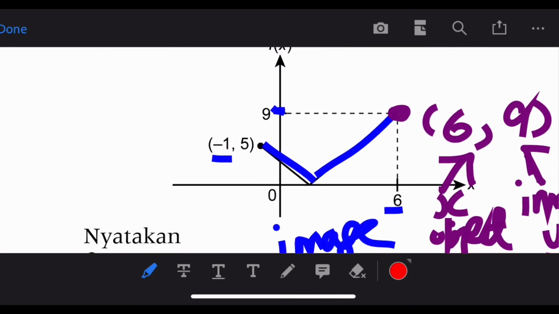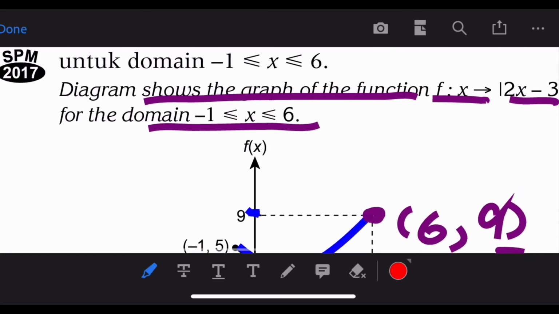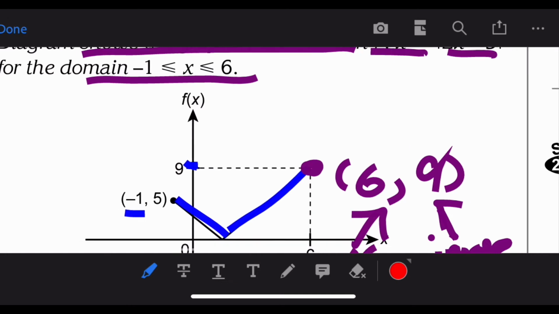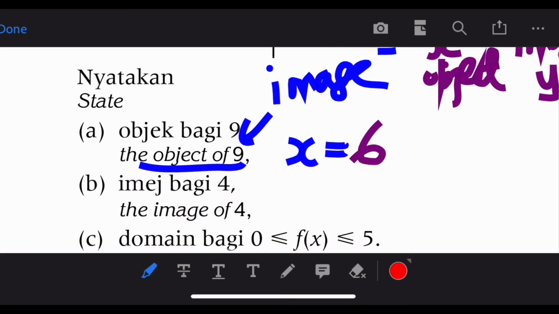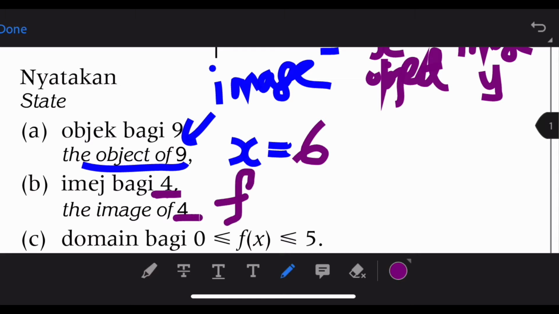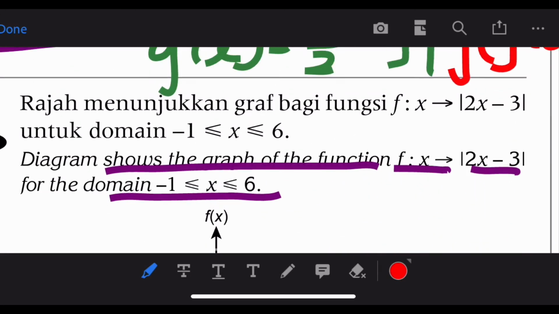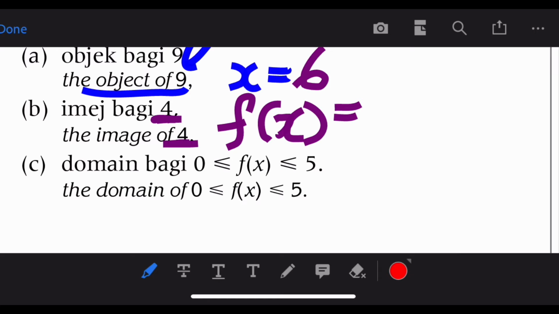Image of 4. Where is the image of 4? We are not sure, so we have to use the function. When they say image, that means 4 is the x. f(x) equal to, what is the modulus function given? Modulus 2x minus 3.